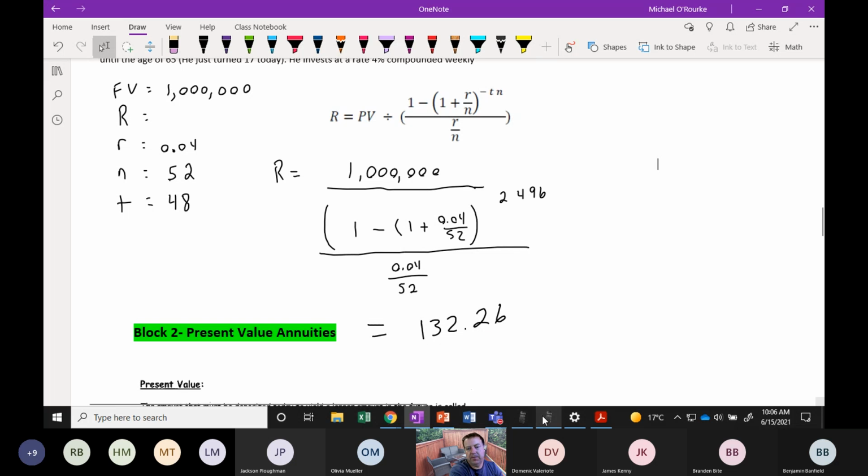Now I'm all confuddled here. Let me write down this part here first. So now I have 1 million over, oh, I put negative 2,496. I think that's why.